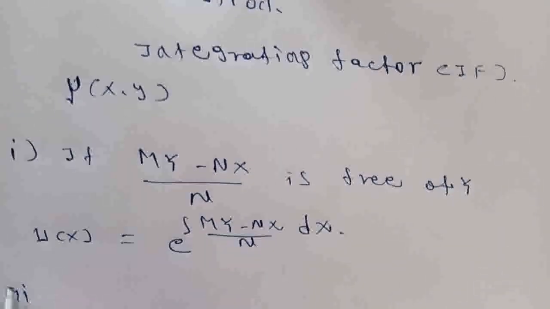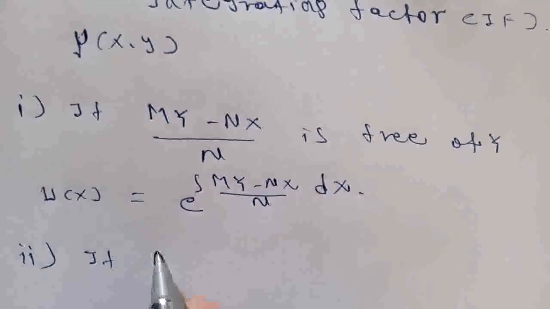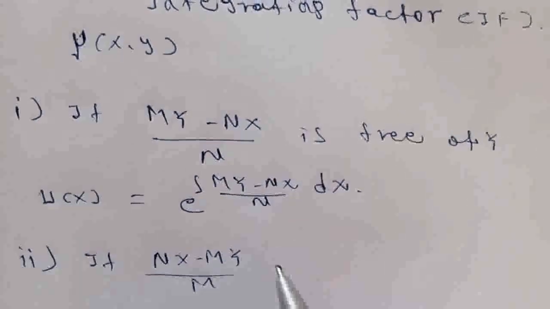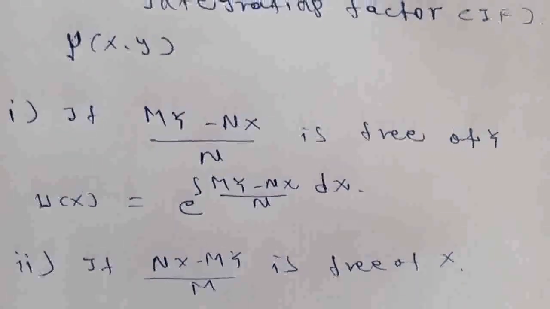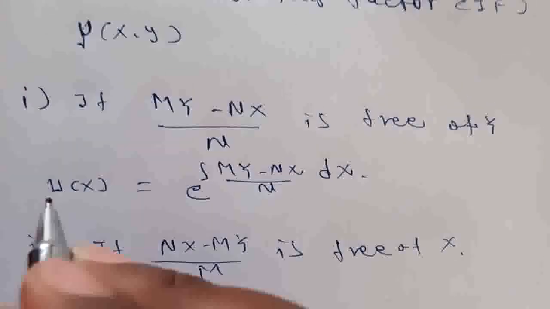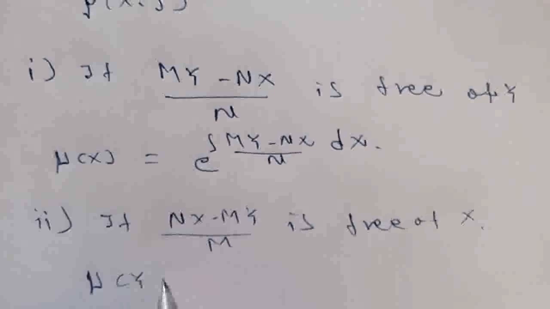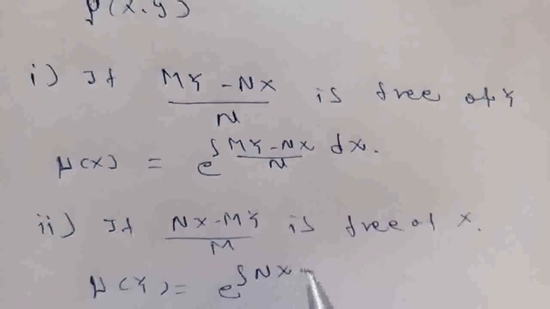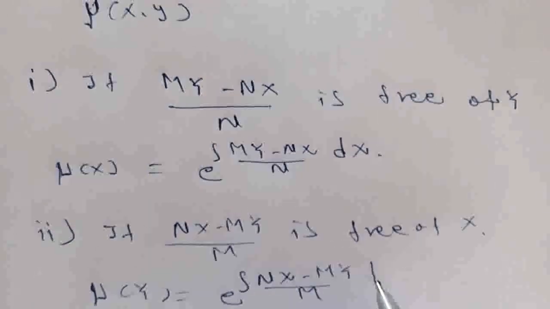The second one is if N sub x minus M sub y over M is free of x, now we have an integrating factor mu of y equal to e to the power of integral of (N sub x minus M sub y) over M dy.